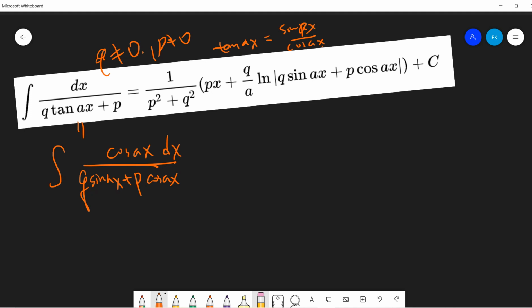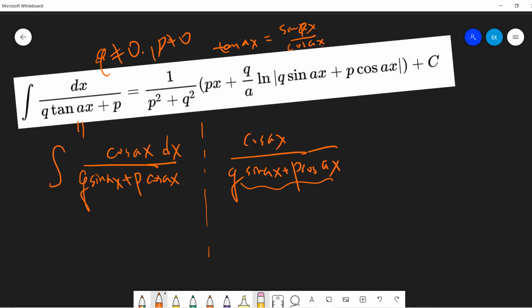Okay, so somehow we get this, and the key strategy is that you know the derivative of this is q cosine ax minus p sine ax, and then times a, right? So if you want to guess, you will write it as this.